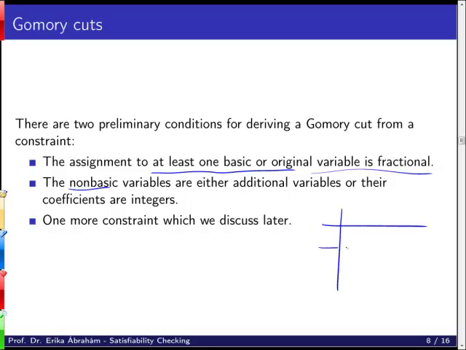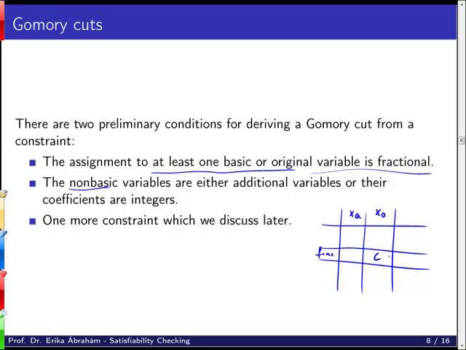So here I have one row where the value is fractional, and in all the columns either I have additional variables, or if I have an original variable, then its coefficient is an integer.